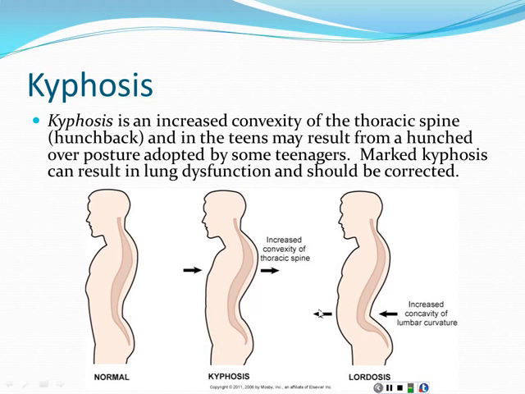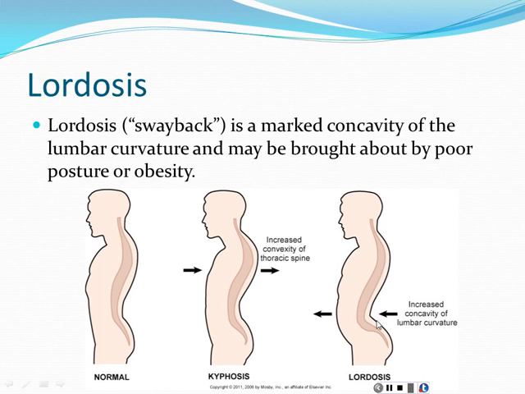But in the teenager, you shouldn't see this profound curvature on the inside. So they call this one sway back. Poor posture again. Obesity can cause this, particularly if you're heavy up top. It's a lot of weight put on the lumbar spine, and one of the directions it can go is it can kind of bow inward like this.